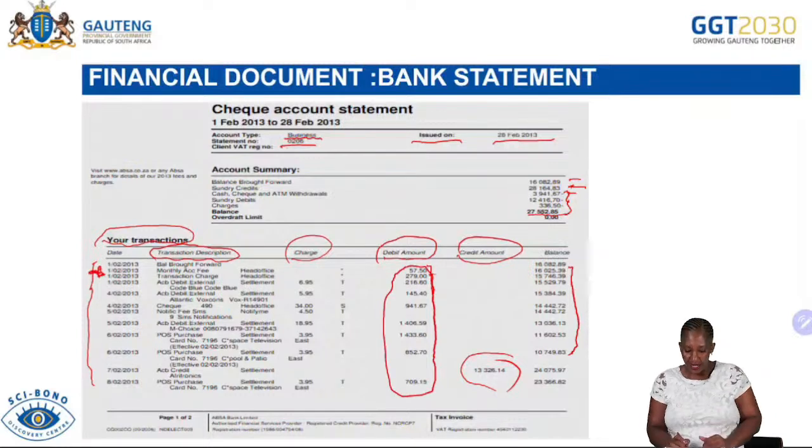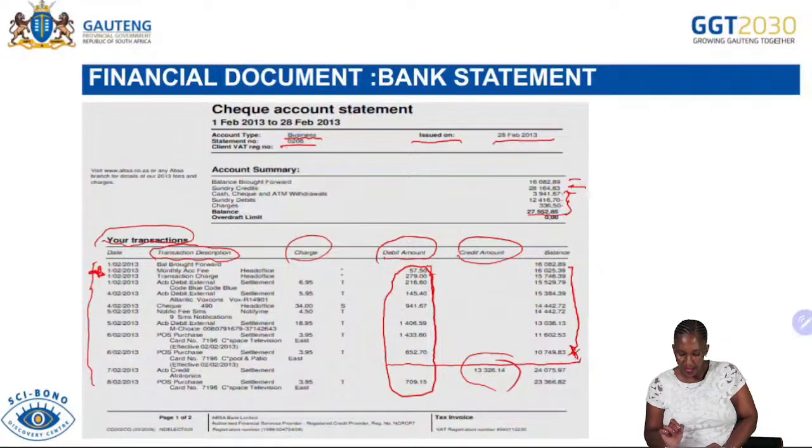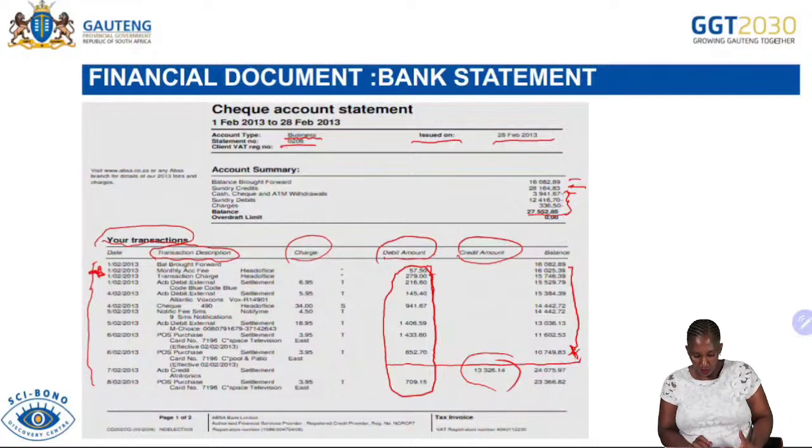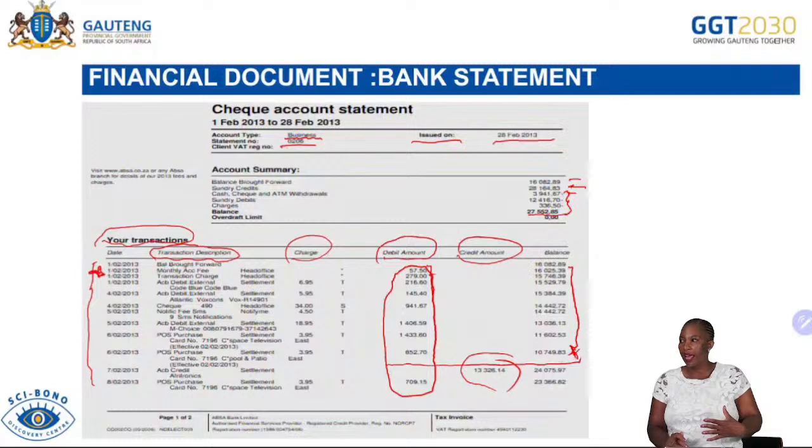Now the credit, if you have a look on this last one, let's just do this. On this last one, the closing balance was 10,749 rand 83 cents. Now we have the credit. How do you know? It says ACB credit settlement. And then the money is coming into the account.